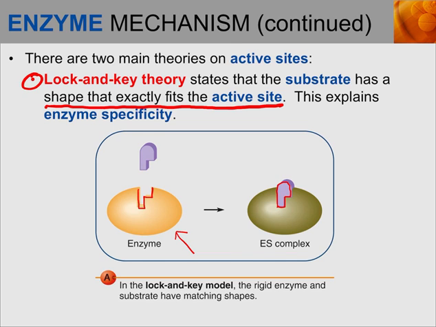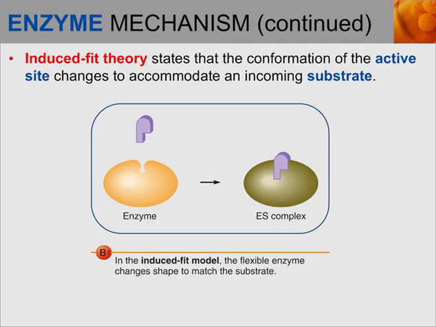Now there is one other theory called the induced fit theory. This states that the conformation of the active site changes to accommodate an incoming substrate. Earlier we talked about how some enzymes just need an amide group, or maybe they just need to have a sugar fit in there.